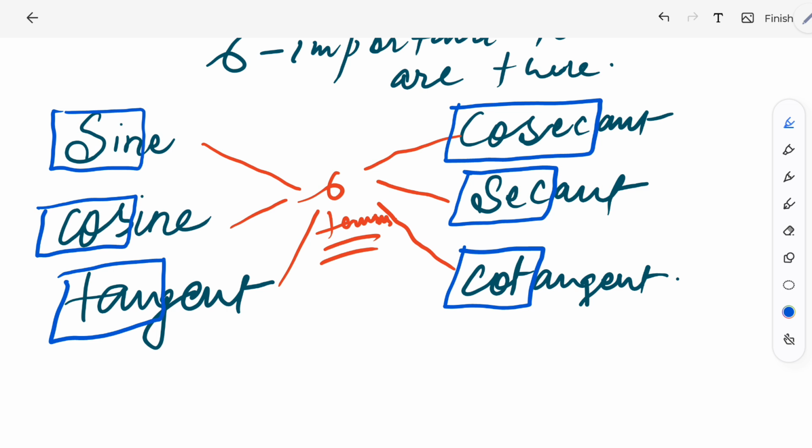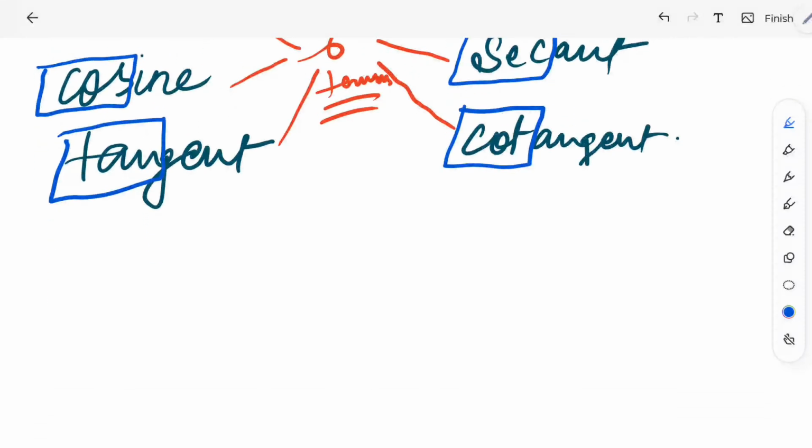So these are the short forms, students, of the full names of the six important terms of trigonometry. One is sin, and just beside it is cosec.